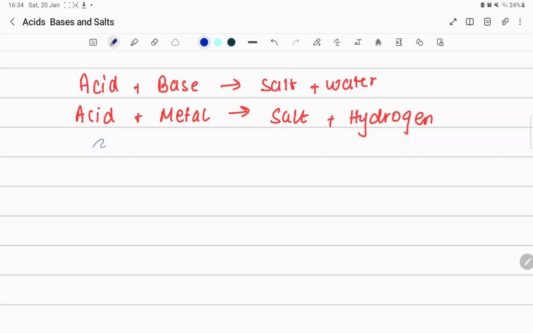For example, HCl plus magnesium gives magnesium chloride, that is your salt, plus hydrogen. Two over here, and we need to balance this as well. There we go. All right.